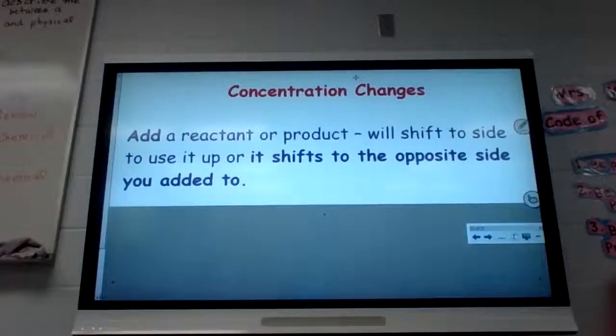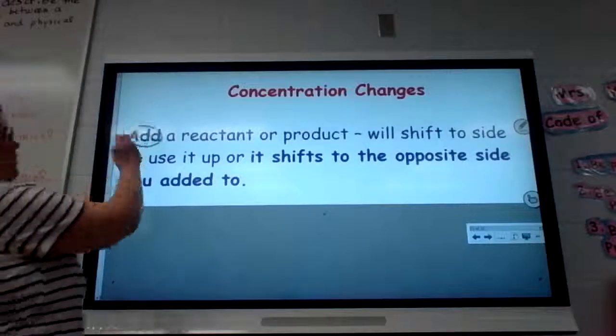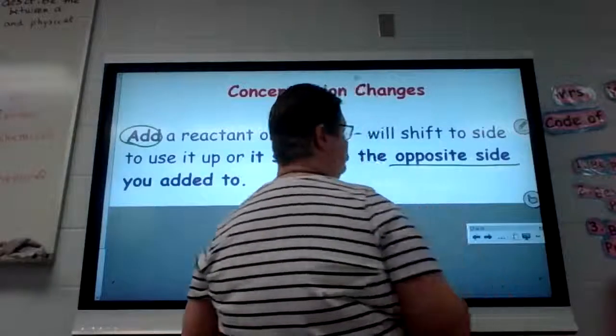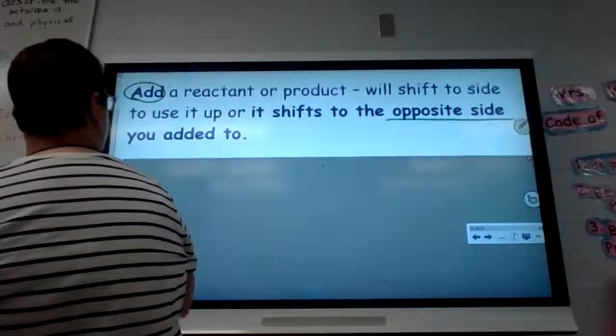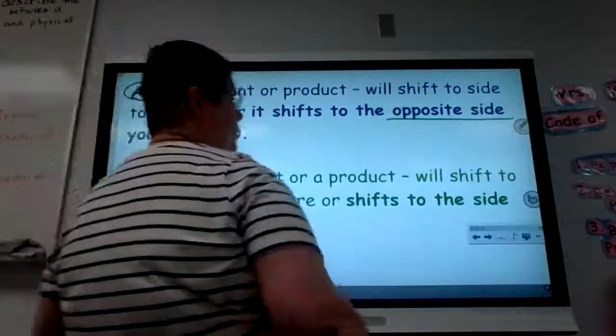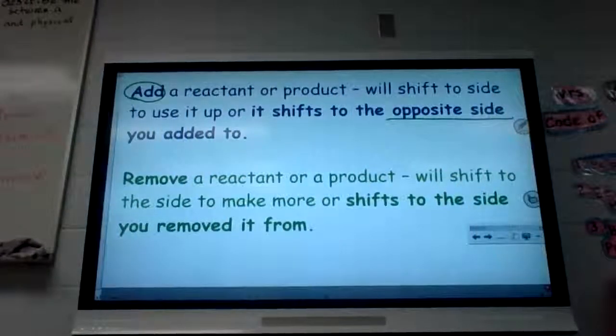So if you add, it has to go to the opposite side. So the opposite of that is to remove. So if you remove a reactant or product, you have to make more of it. So it will shift to the side to make more.